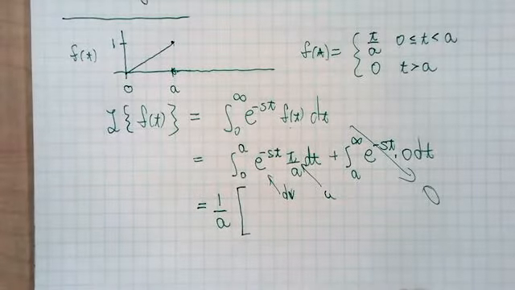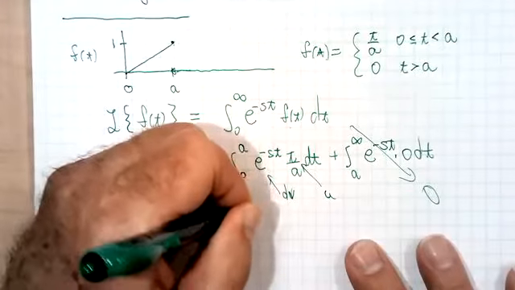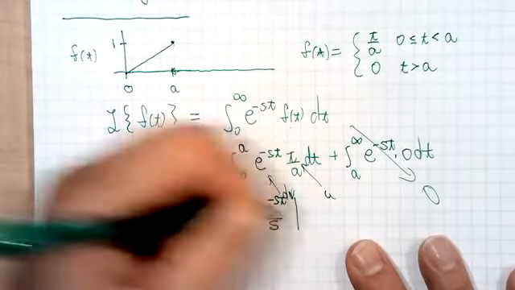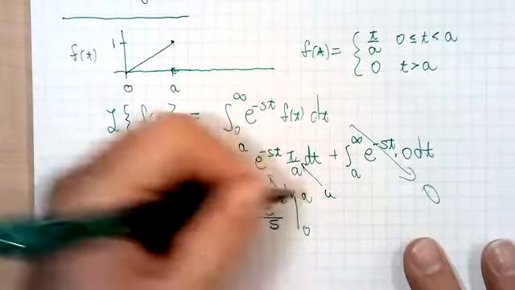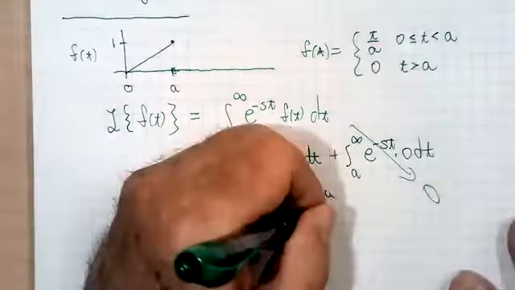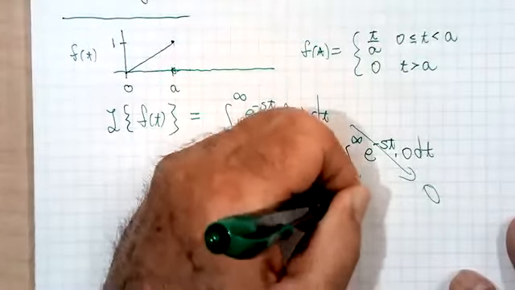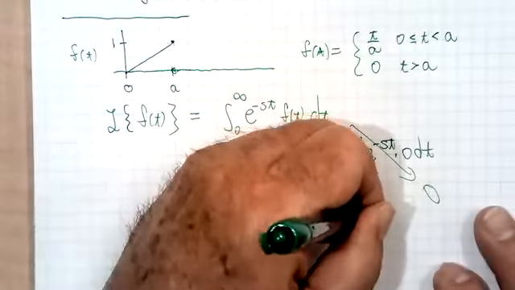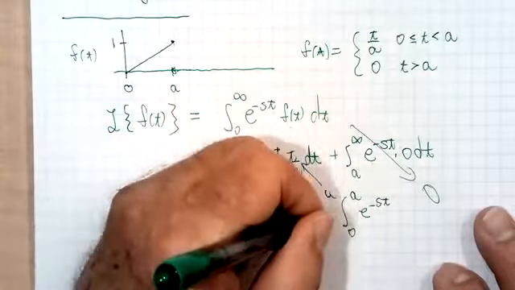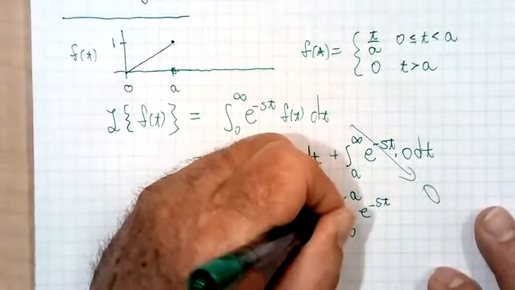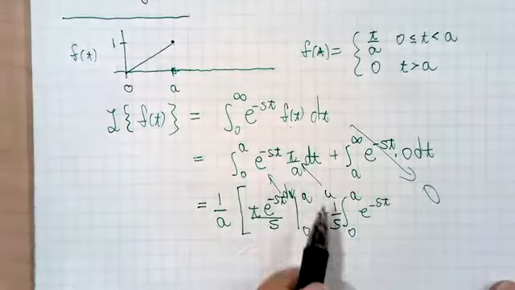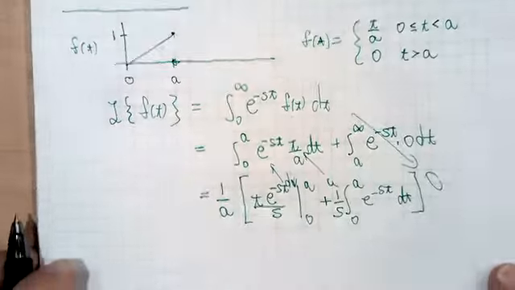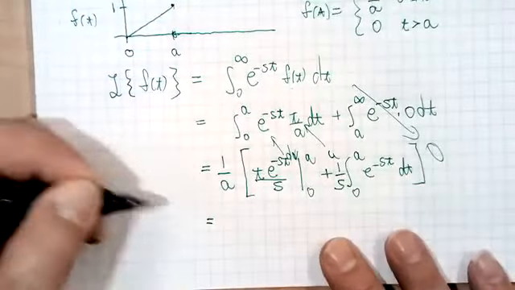So we're going to have u times v, e to the minus st over s, now not on 0 to infinity, but 0 to a, minus the integral from 0 to a. V is once again e to the minus st times minus 1 over s. And du is dt.